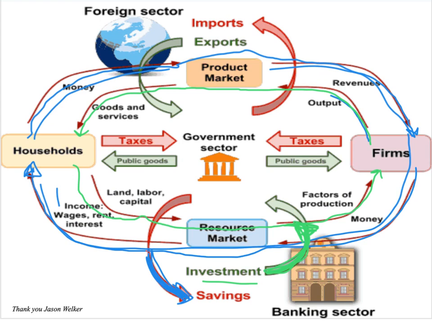Okay, now let's move from the banking sector up here to the foreign sector. Now, what's happening here? Well, let's pretend, remember I took this money and I bought a bracelet from a local Chilean artisan. But let's say that instead of that, I went online and I bought a book from Amazon.com. I bought a book, and the interesting thing about this, and it's a little counterintuitive, so just pay attention here. You've got to track where the money's going.